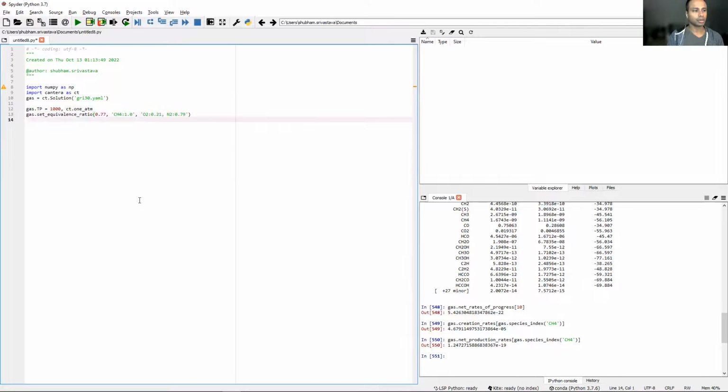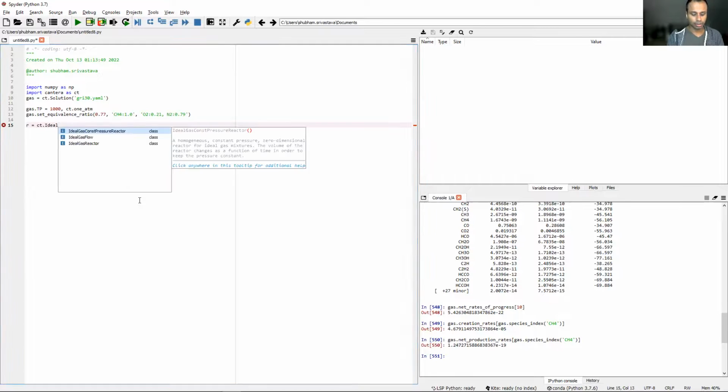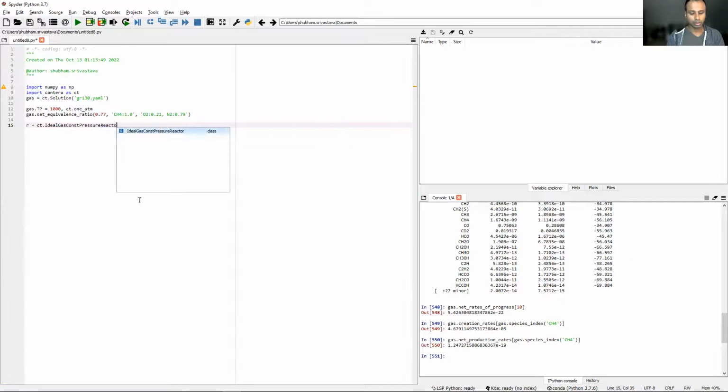Okay, so we've set up the composition, and now let's use a reactor. Let's use the ideal gas constant pressure reactor from Cantera. So r equals ct.IdealGasConstPressureReactor, and assign the gas object to it.